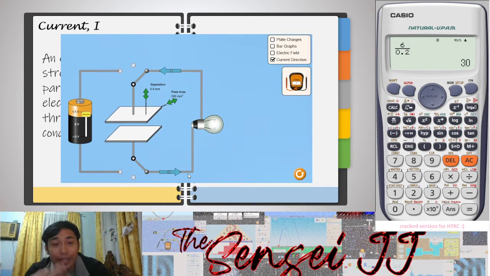Okay, so when it lights up, meaning there is a current flow from our source to our light bulb. If there is a current flow, there is an electrical transfer from our source to our light bulb. That is how our electric current works.